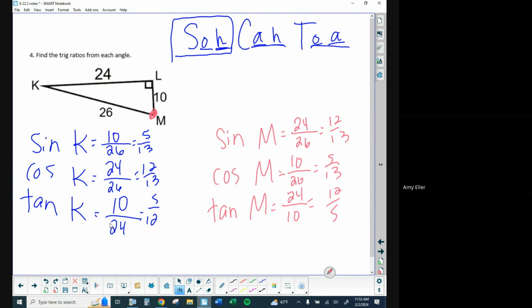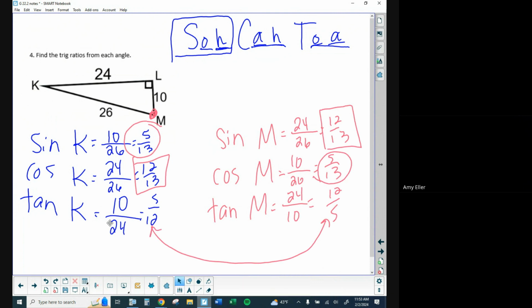Now what you guys got? Did those patterns exist here? Is the sine of one the cosine of the other? Sine of this angle is the cosine of this angle. Sine of this angle is the cosine of this one. And my tangents are reciprocals.